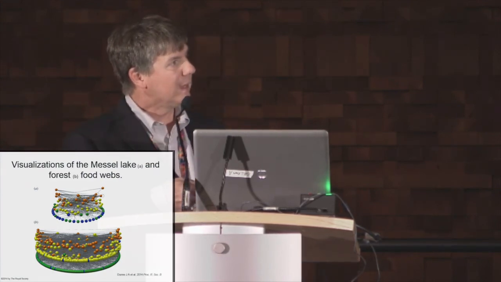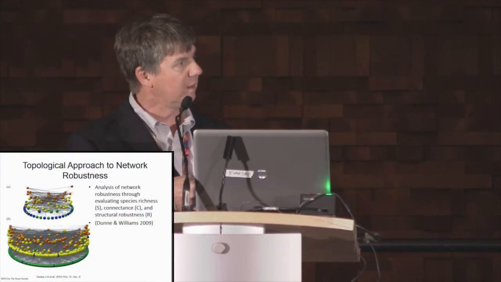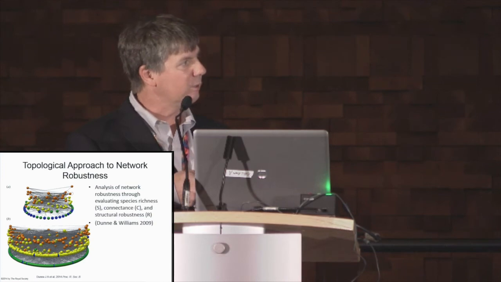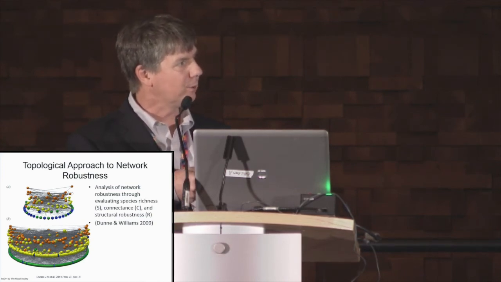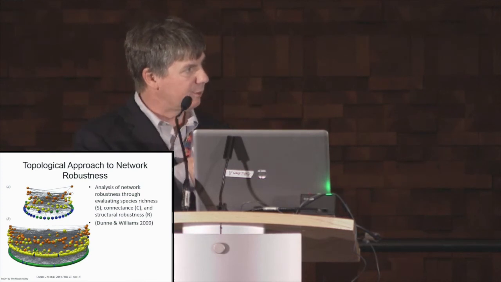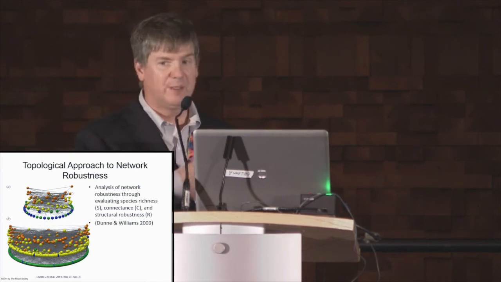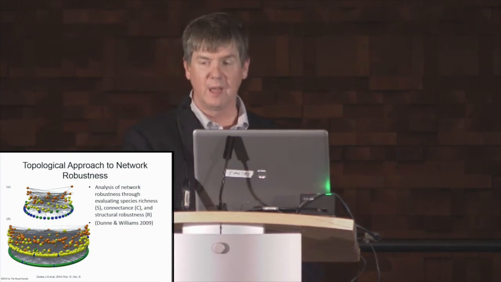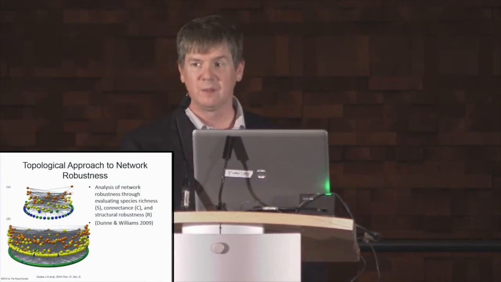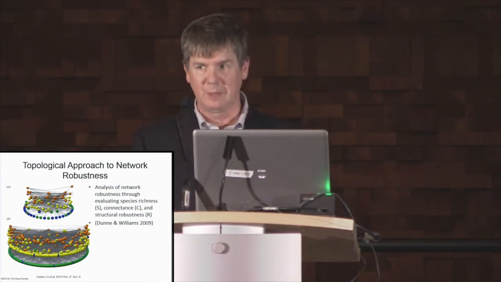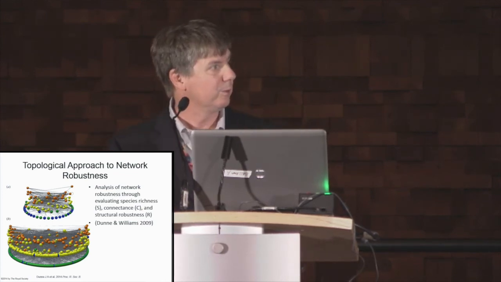This sort of topological approach focuses largely on three aspects: species richness, connectance, which is the way the species are connected to each other, and a quality called structural robustness. Jennifer Dunne and Neil Williams, in a paper in 2009, examined various techniques for looking at structural robustness, and these are the sorts of things that we could begin to apply to the paleontological record as well.